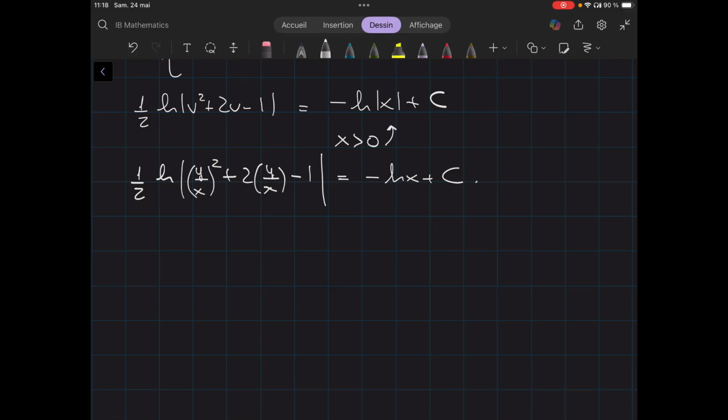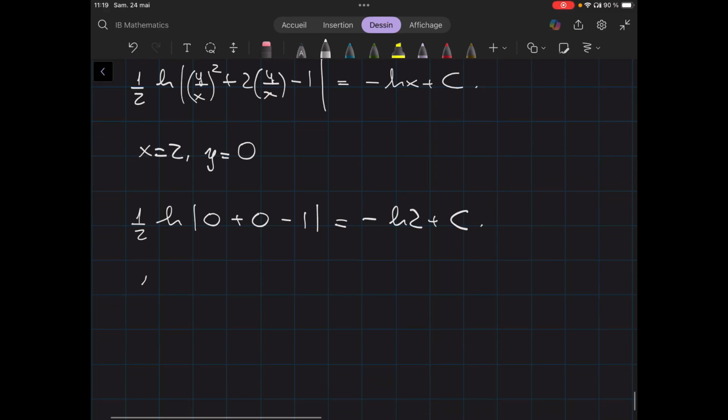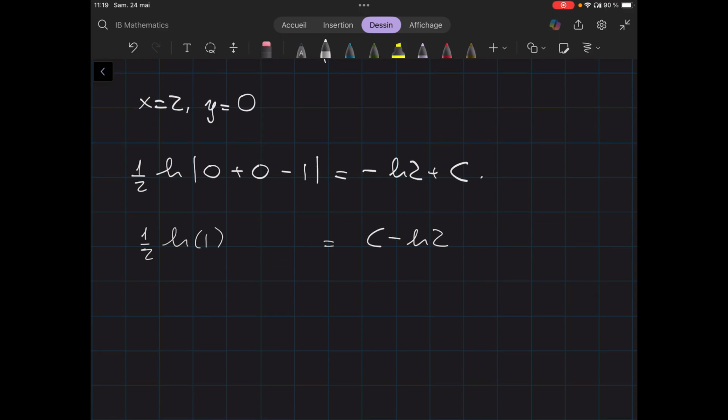When x is equal to 2, y is equal to 0. ln of 1 is equal to 0. So c is equal to ln of 2.